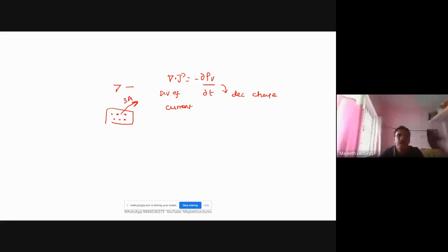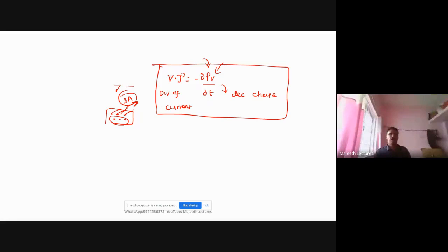If 3 ampere current flows, it means 3 charges went out. If 3 charges went out, how many charges are remaining inside? 3. That means 3 charges have been lost inside the box. So if the current flows out of the surface, that much charge will be lost inside. It is maintaining the continuity. If 3 go out, that much will be lost here. That's why it is called the continuity equation.